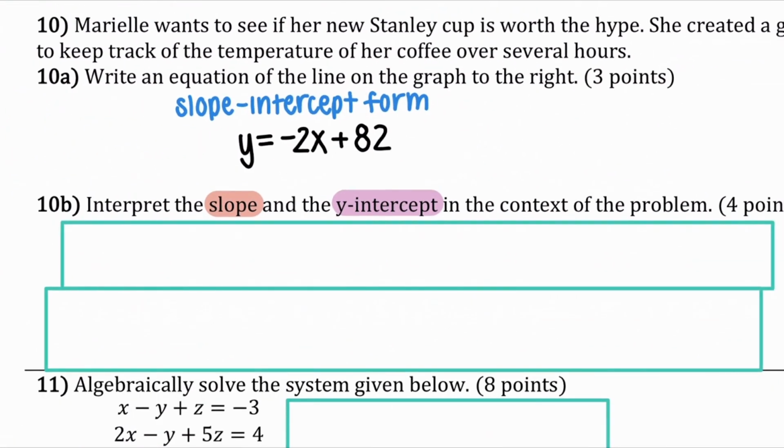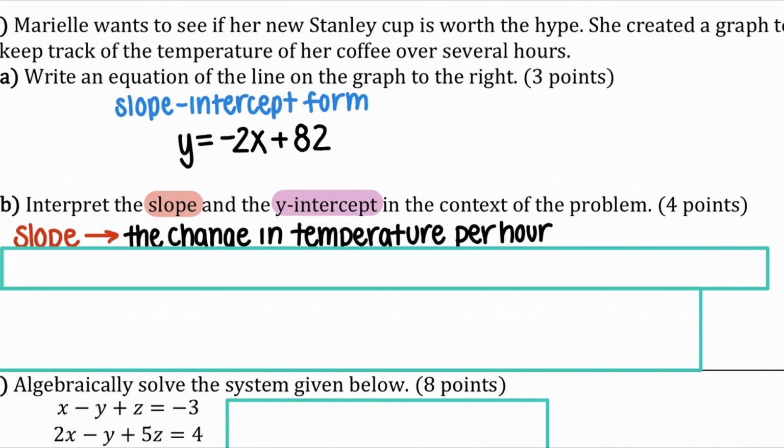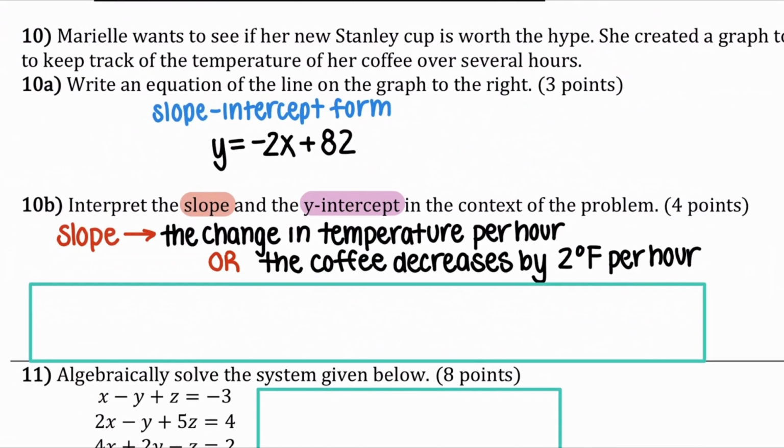Change in temperature over change in time. So we can just say that the slope is going to be the change in temperature per hour. Or specifically using our -2, we can say that the coffee decreases by 2 degrees Fahrenheit per hour. Either one is perfectly fine, as long as we use the units that are relevant to the problem.